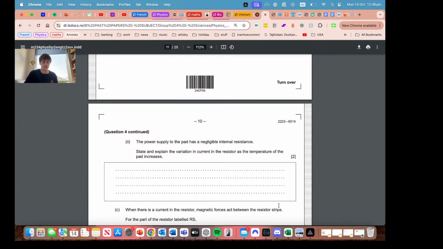So explain the magnitude of the resultant gravitational field strength at O. So let's first state the magnitude. Is it not GMm on R squared? Am I tripping?